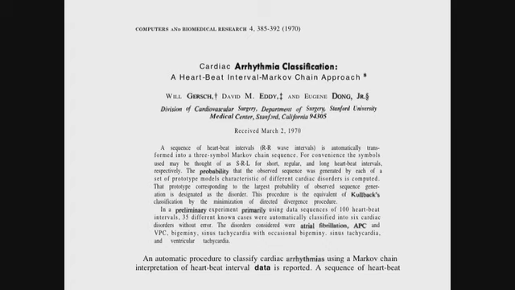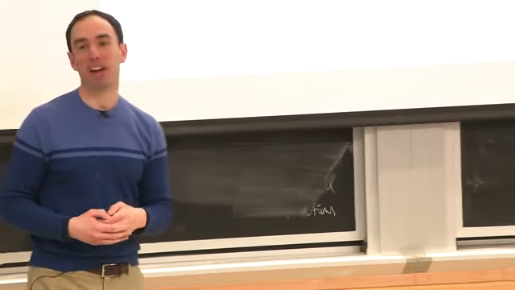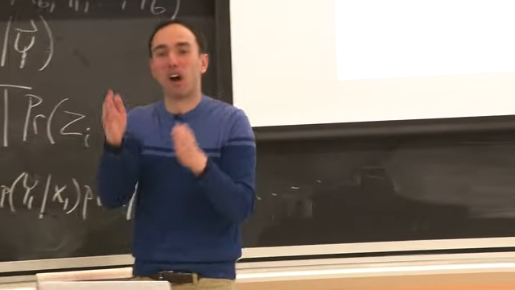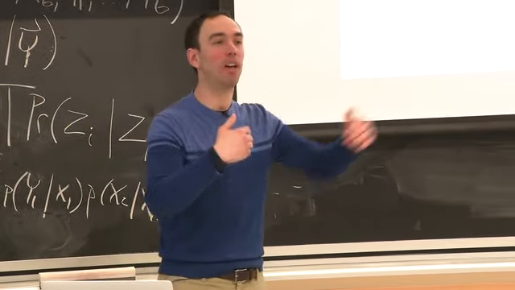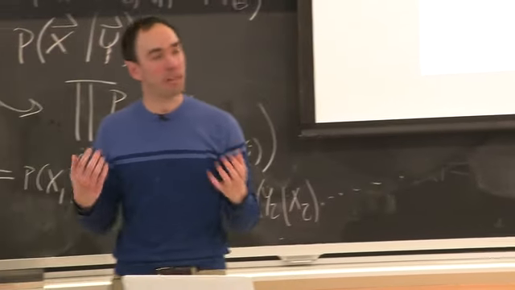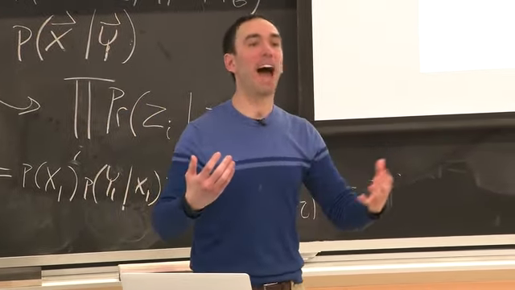But still 1970, where they used a Markov model, very similar to the Markov models we were just talking about in the previous example, to model what a sequence of normal RR intervals looks like versus what a sequence of abnormal, for example AF, RR intervals looks like. And in that way, one can recognize that any one observation of an RR interval might not by itself be perfectly predictive, but if you look at a sequence of them for a patient with atrial fibrillation, there is some common pattern to it.